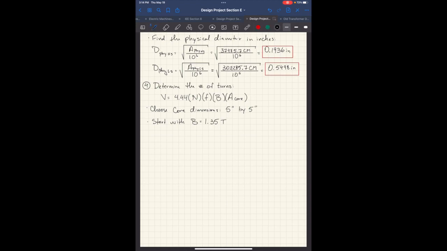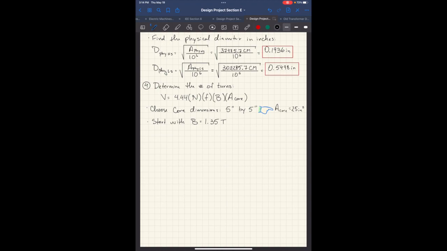From the core dimensions, we can find that the cross-sectional area of the core is going to be 25 inches squared. It's pretty straightforward: 5 times 5 is 25.